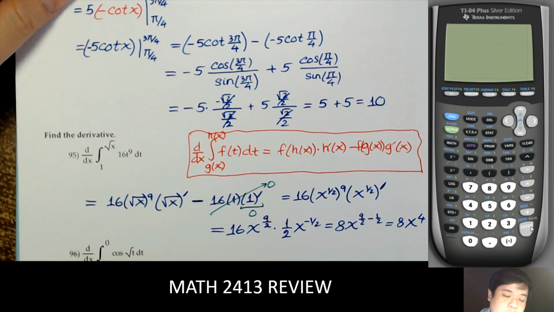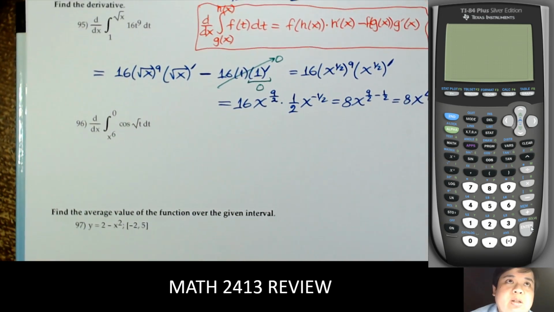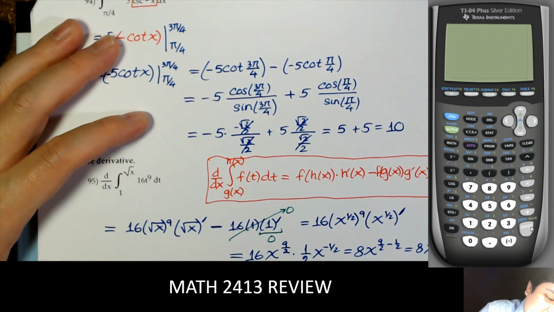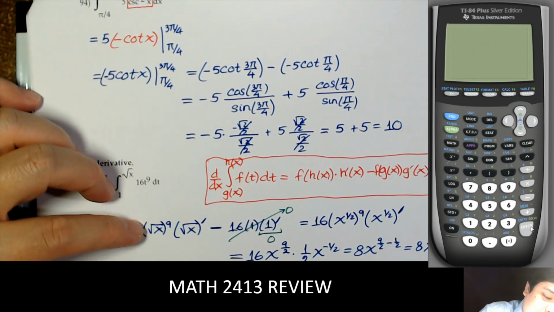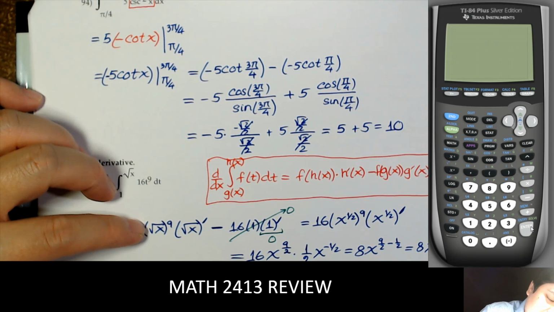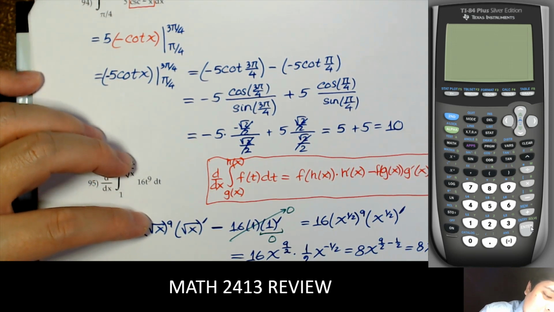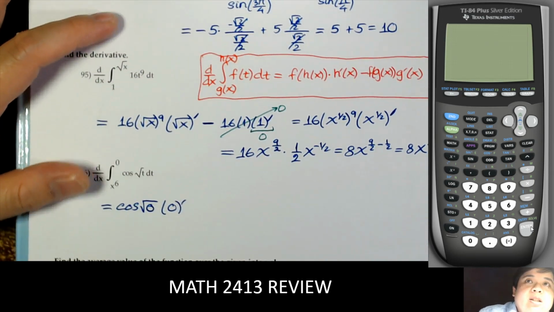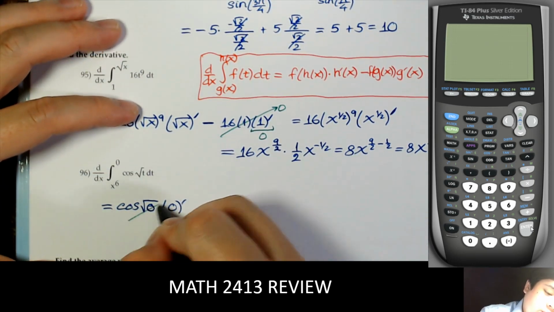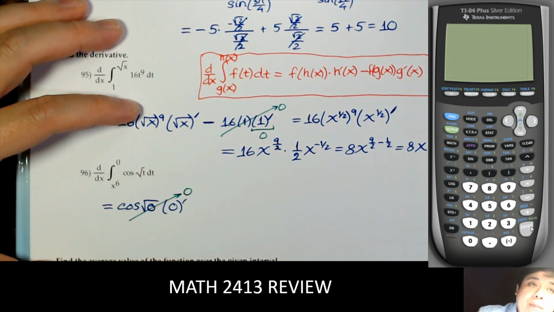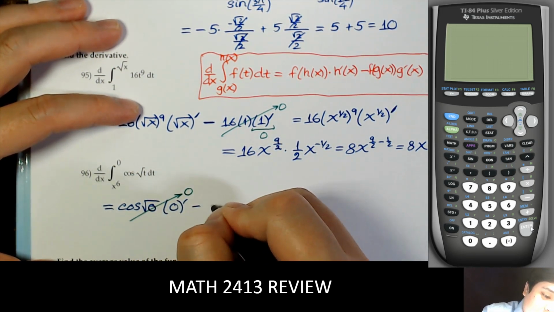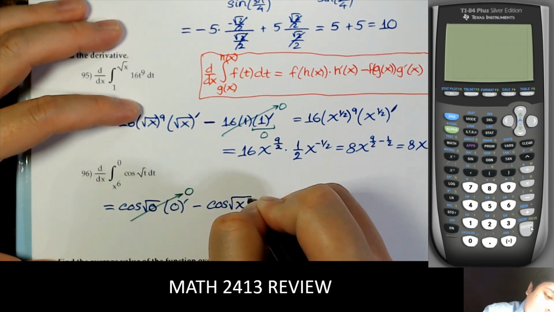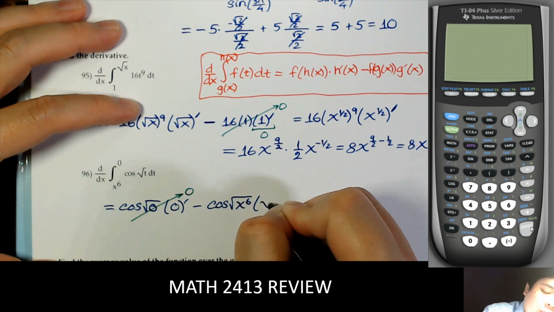Right, and then we have the average values of the function. Oh, sorry, haven't done this one yet. So this is the same thing. We're going to substitute in the limit, and then times the derivative of the limit. This is constant, so the derivative is equal to 0, so the whole thing goes to 0. Then subtract, I will put in the lower limit and then the derivative of that.